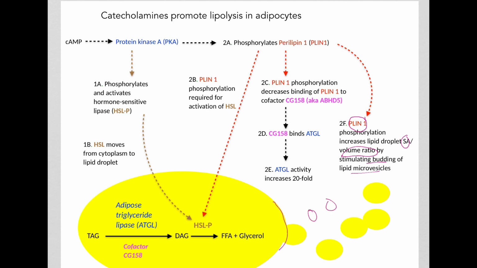Because these lipases are surface active enzymes, they sit on the surface and break down the lipid, so it's good to have a higher surface area. The higher the surface area, the more enzymes can sit on it and break down the triglycerides into diglycerides, then diglycerides to monoglycerides, and finally into fatty acids and glycerol.